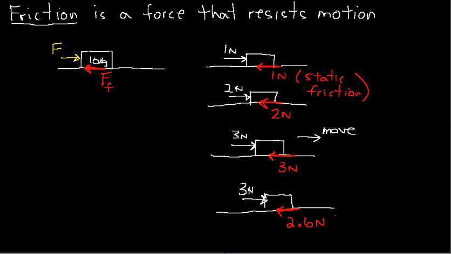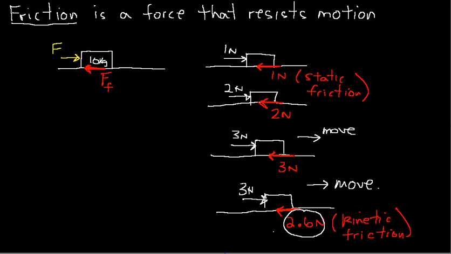And we call this kinetic, because kinetic is for moving, motion, kinetic friction. All right? So it's moving, it's in motion, it's moving this way. And notice that the force of kinetic friction here is less than the maximum force of static friction up here of 3 newtons.